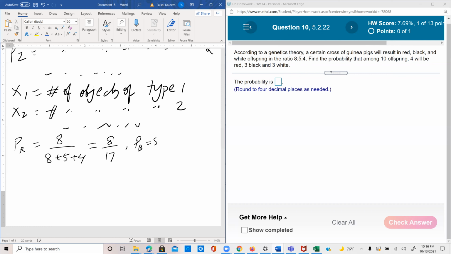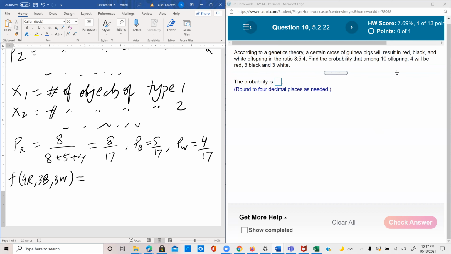Black would be 5/17, and white would be 4/17. And so we need the probability that we have 4 red, 3 black, 3 white.